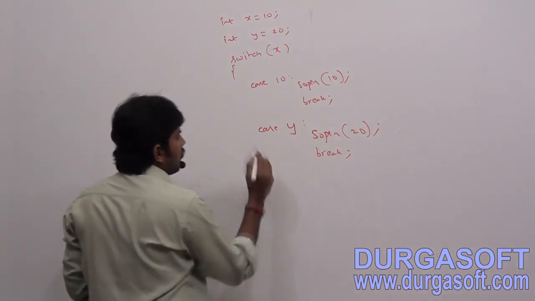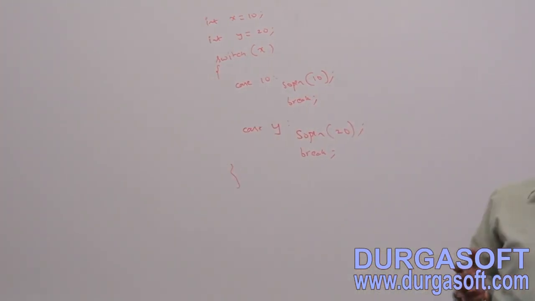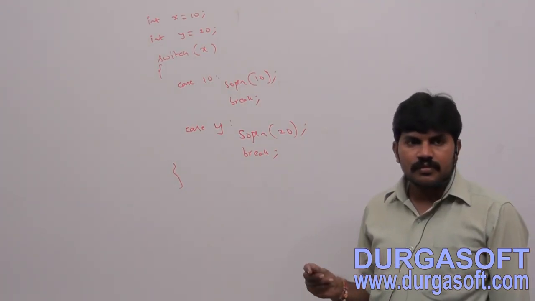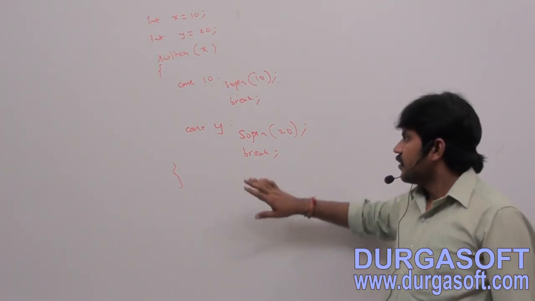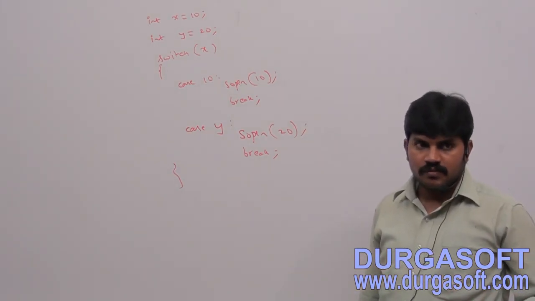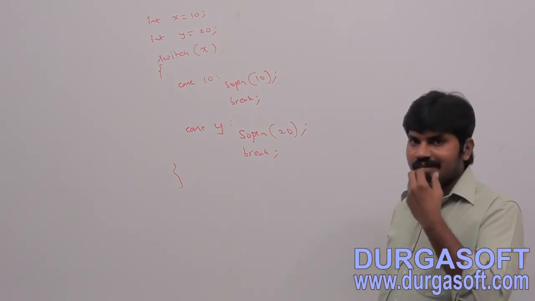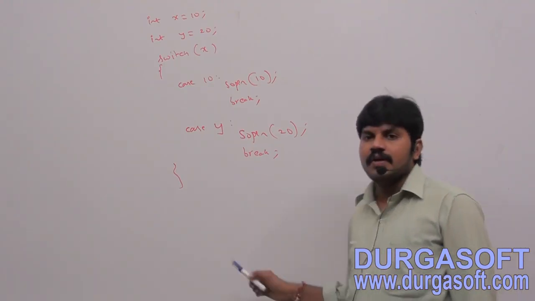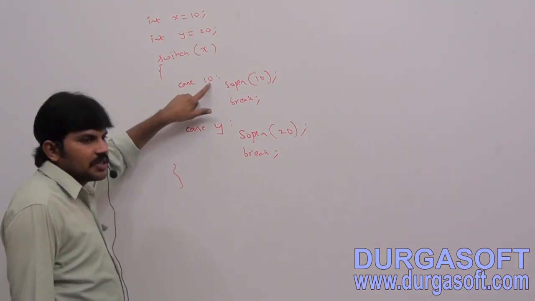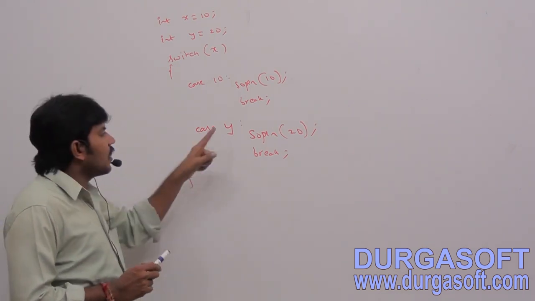Case y. Can you tell, is it valid or invalid? Don't think too much. Invalid. The rule or conclusion: every case label should be a constant expression, not a variable.